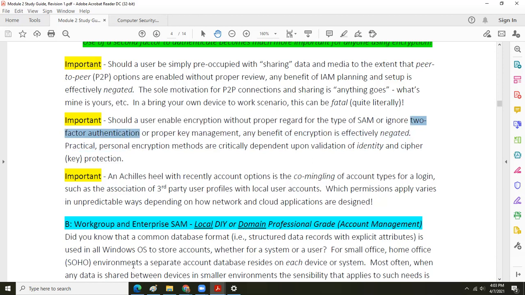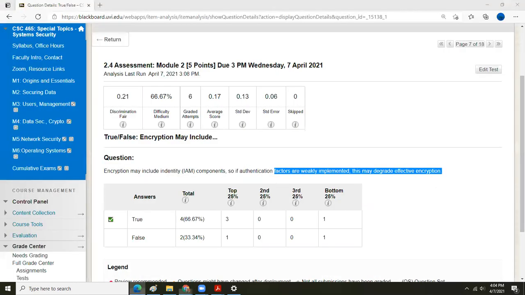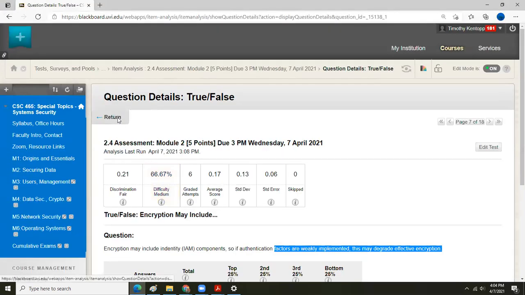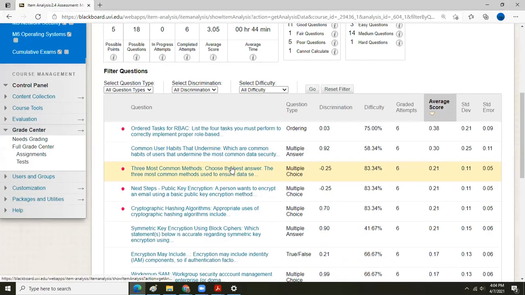Your identity is used to create components of encryption systems. So if your identity isn't strongly protected, your encryption isn't going to be very good either. Does that make sense? I thought we kind of stressed that in class. I hope you remember that.